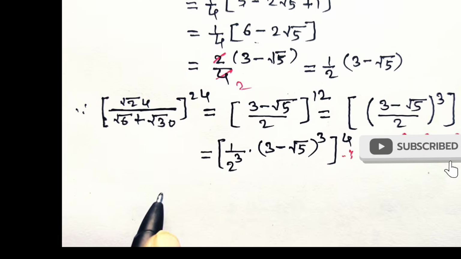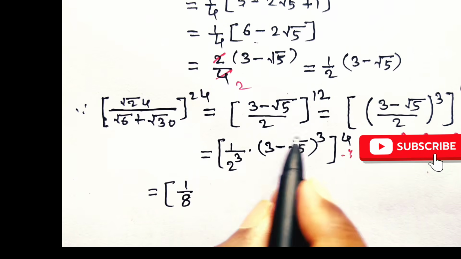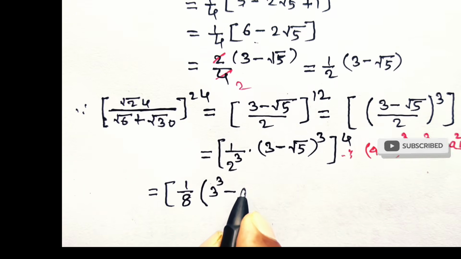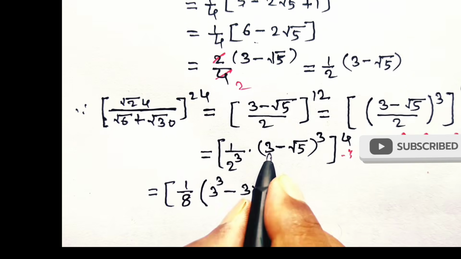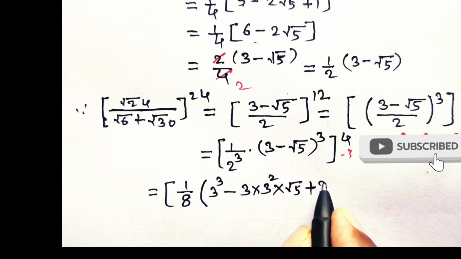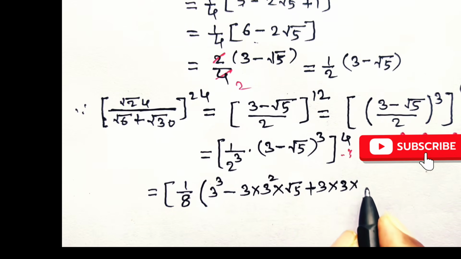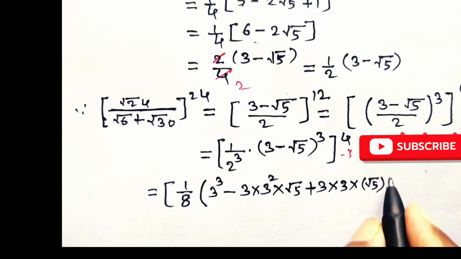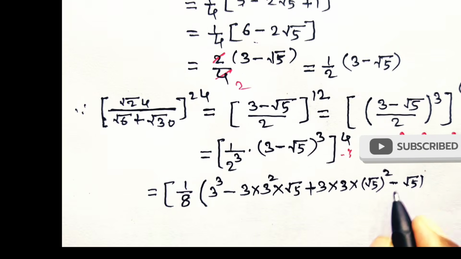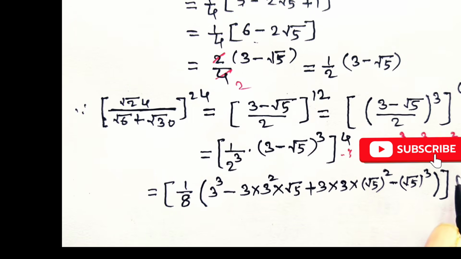Hence this is equal to 1 upon 2 cube, which is 1 upon 8, into bracket, expansion of this: 3 cube minus 3 times 3 square into square root of 5 plus 3 times 3 into square root of 5 its square minus square root of 5 its cube, bracket close, and again square bracket close, its power 4.